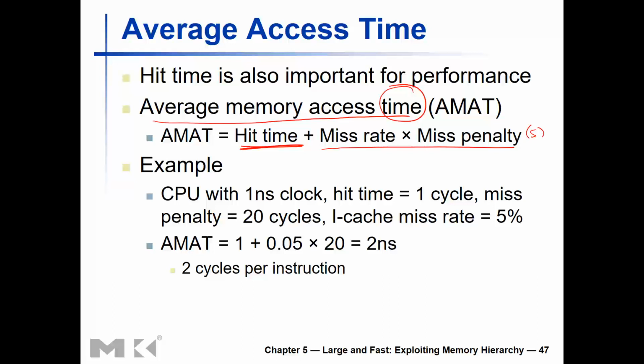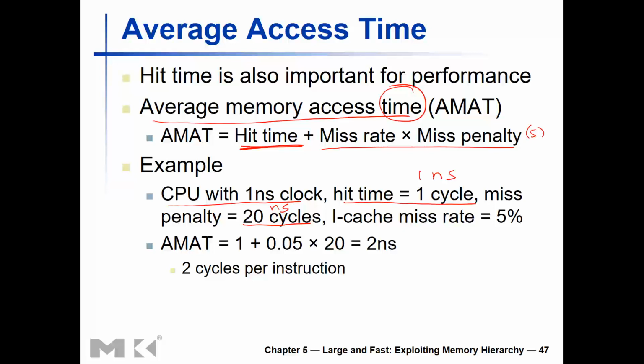Now consider this example. I have a CPU with a 1 nanosecond clock. The hit time is 1 cycle, which means 1 nanosecond. The miss penalty is 20 cycles, which means 20 nanoseconds. The iCache miss rate is 5%. So what is the average memory access time to the iCache?